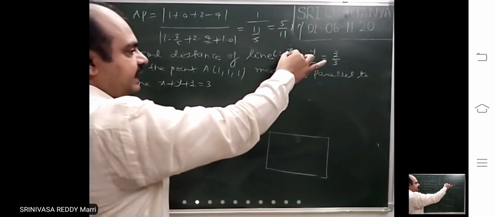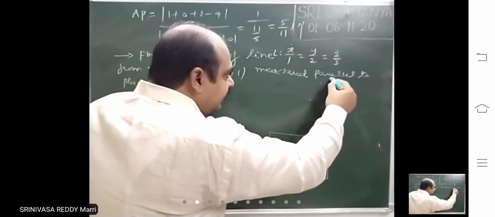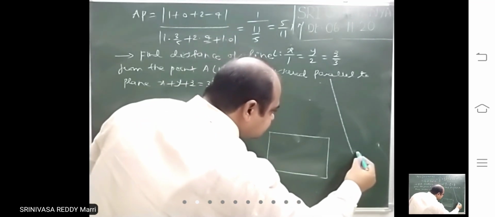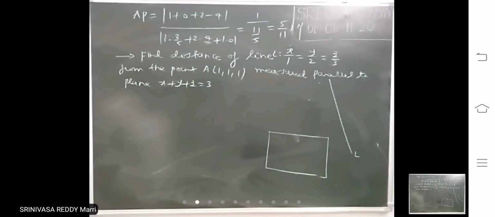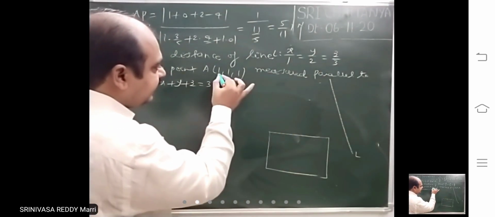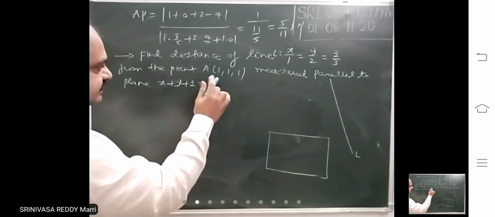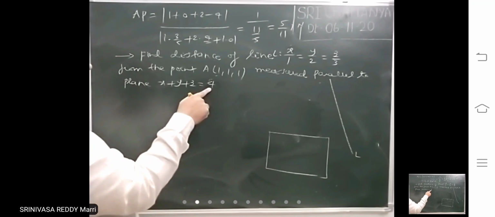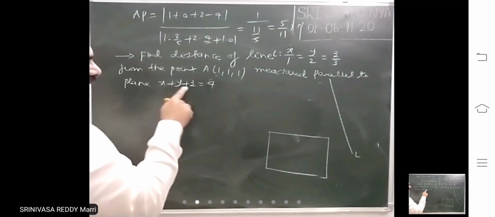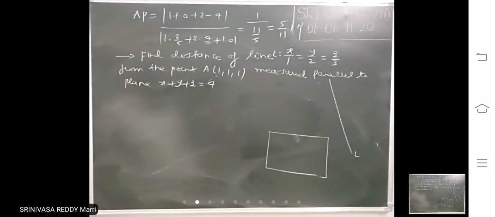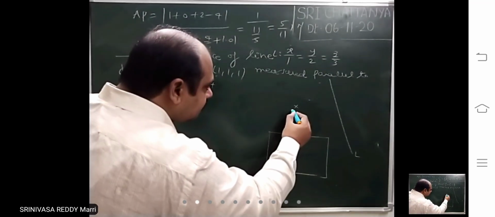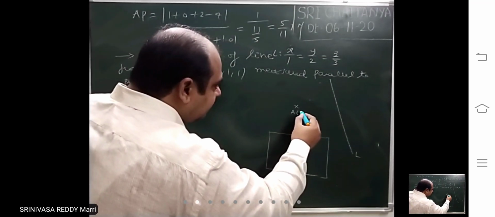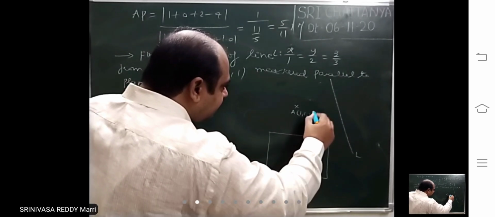Let us say L is this. You have to find, there is point A. Wait, this is 4, you take. The plane is x plus y plus z equal to 4. So that means A will lie outside. A is (1, 1, 1).